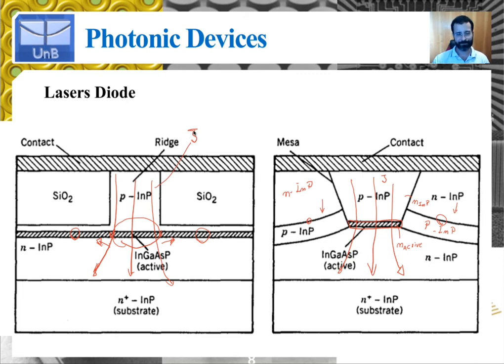So as you change the bias current, the guiding conditions will change dynamically, and the extent or the size of the mode in the lateral dimension will change as the current changes, which will not happen with this type of device, right? Again, this comes at the expense of additional fabrication steps, right?